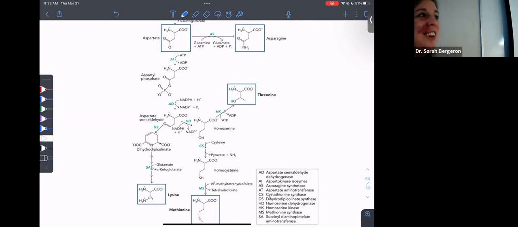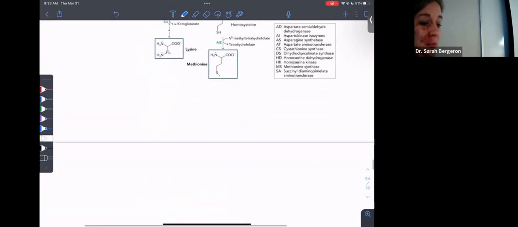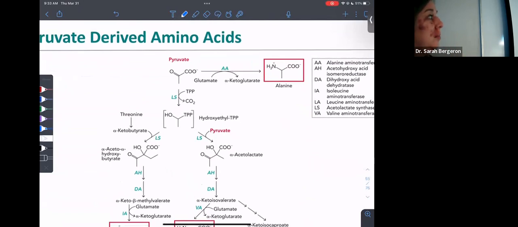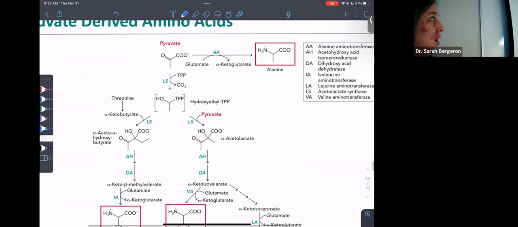So essentially, the more enzymes, the more energy spent, the less likely we are to make it ourselves. It becomes essential because we lose the genes that encode the enzymes. They are not energetically favorable. That is correct. Okay, pyruvate. Where's pyruvate coming from?